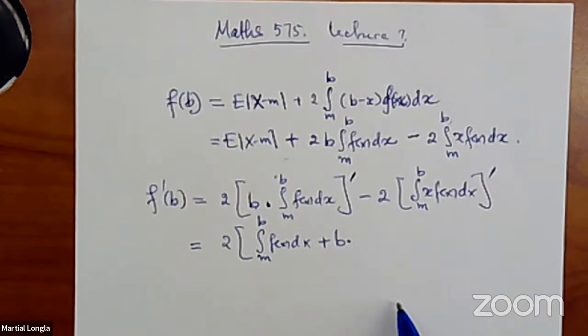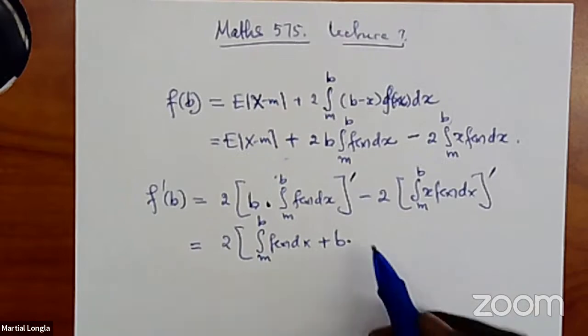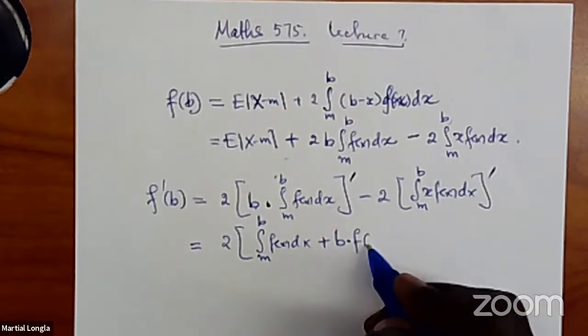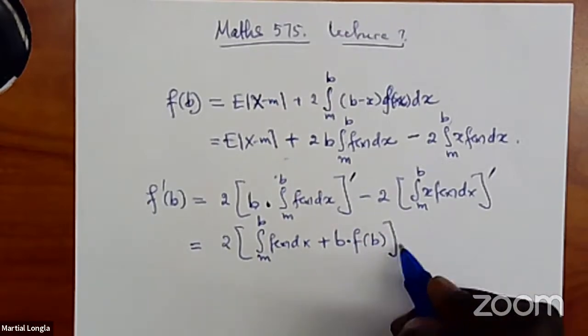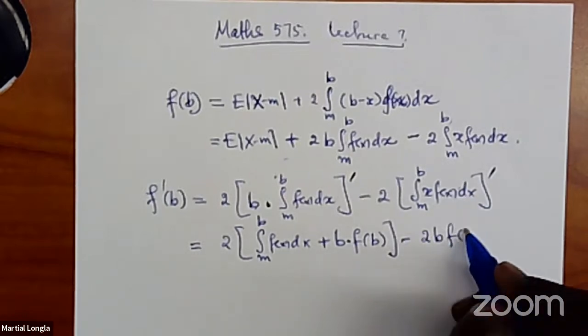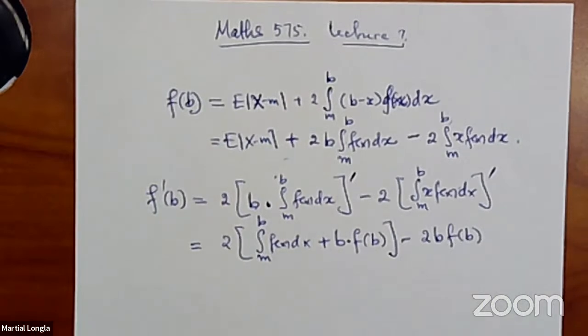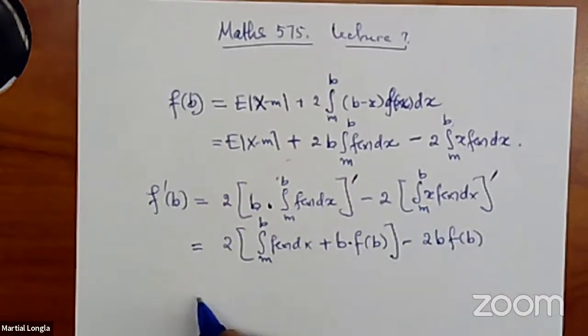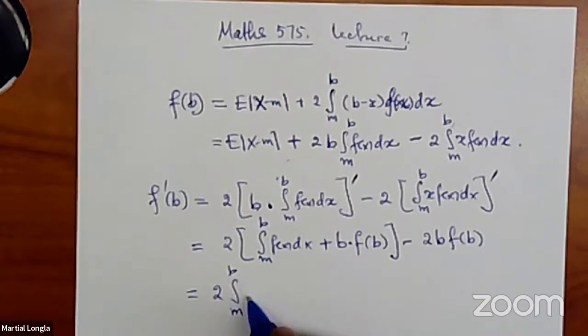Does everybody agree with this? So that's going to be f of b minus same thing here. That will be 2b f of b. And now you can see they cancel and you get the same answer that I got here, 2 integral from m to b f of x dx.